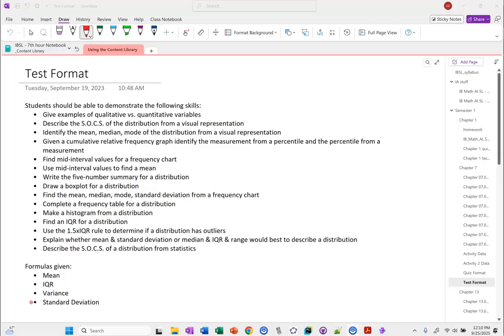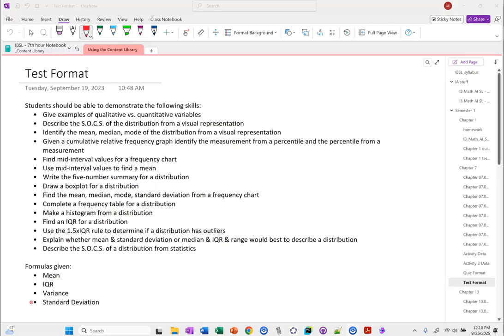And then be able to describe the SOCs of a distribution from statistics. Everybody's okay? Again, with the SOCs, got to be careful that you're using the correct value or the correct statistic for center and spread based on the shape, right? And the outliers.